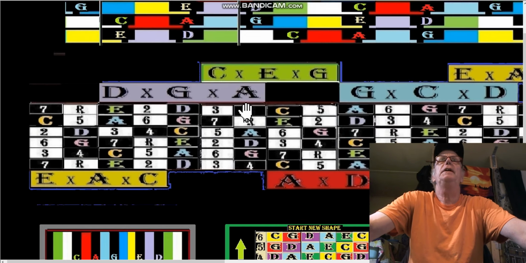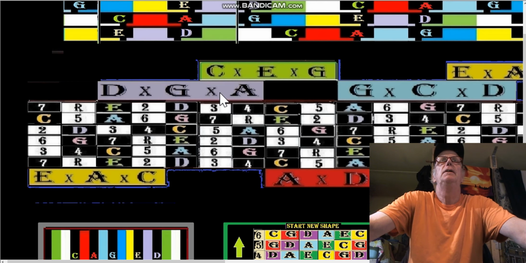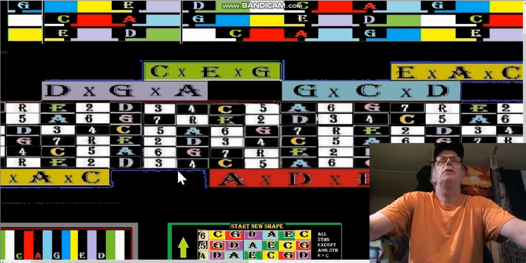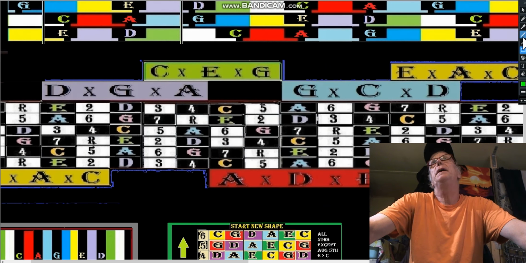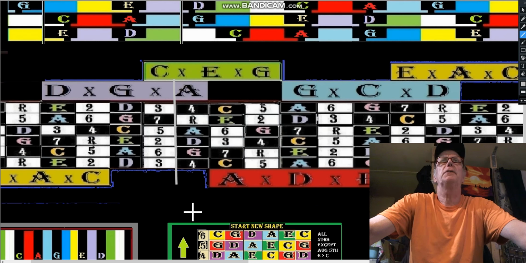Over here we have the 3 4s right here. So that fret nut would be right here. It's kind of crooked, but this note is E, and in the key of C, E would be the third.